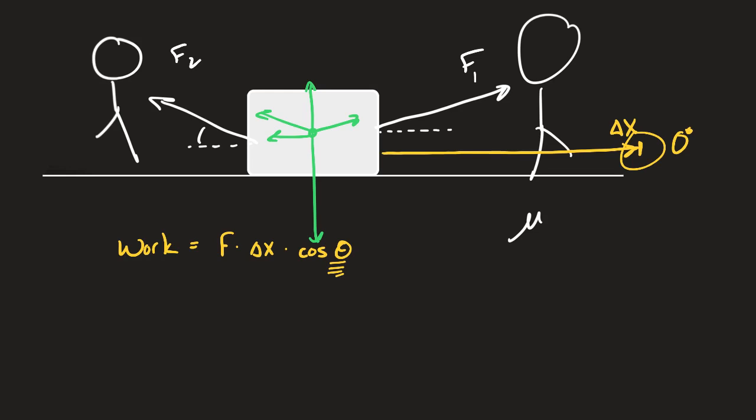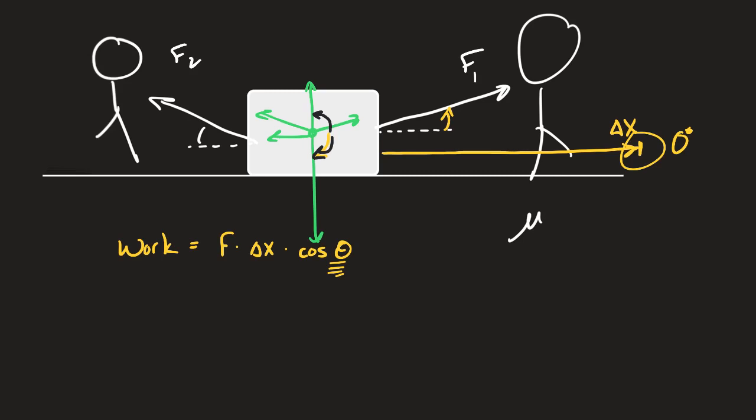So for force 1, I would need this angle to be able to calculate the work done by force 1. For the weight, I would need this angle, which is likely a right angle. For the normal force, I would need that angle, which is also a right angle.